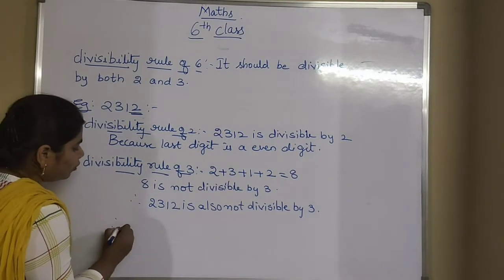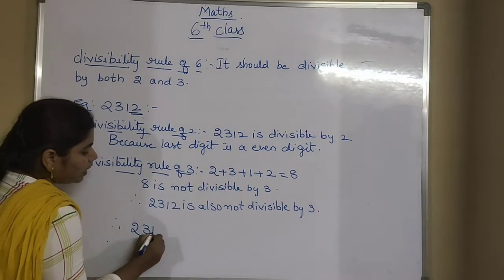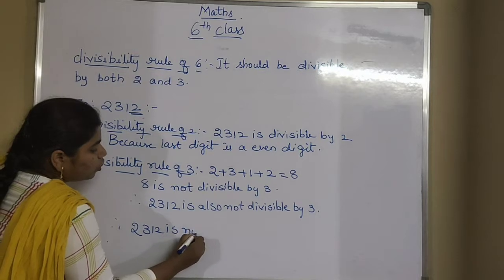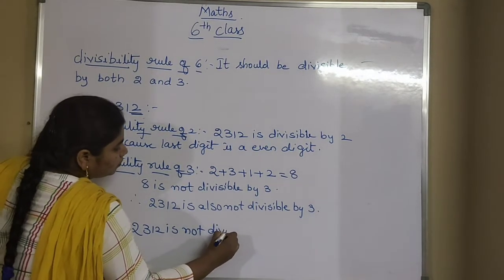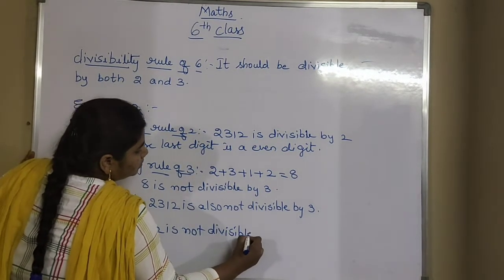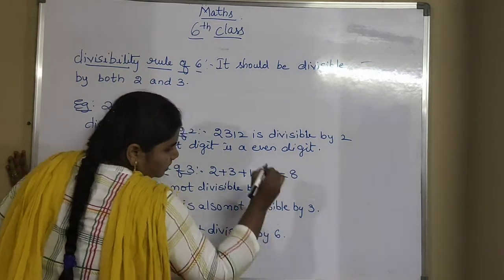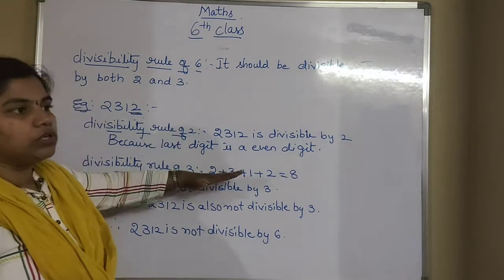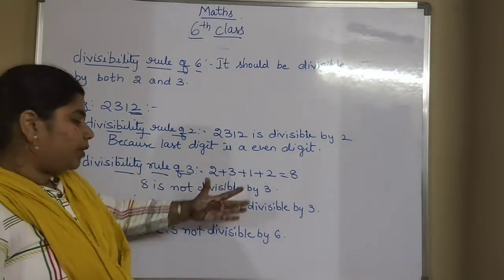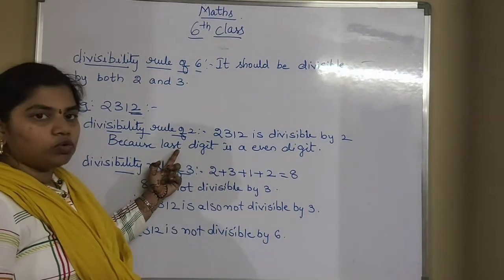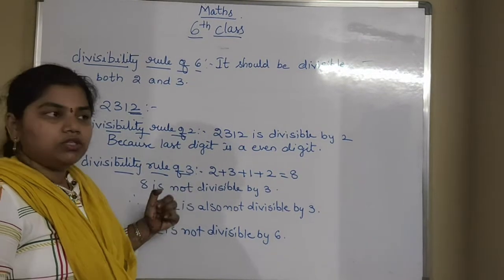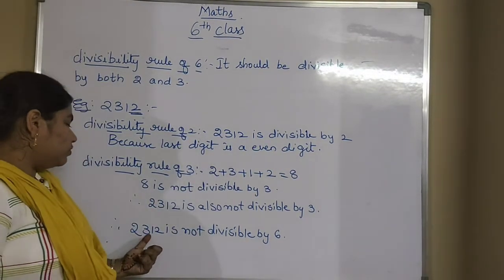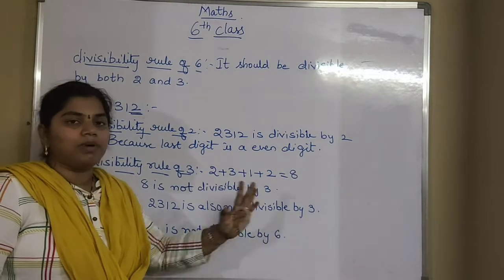So therefore we can write 2312 is not divisible by 6. So what is the condition of 6? It should be divisible by 2 and also it should be divisible by 3. But it is divisible by 2 but it is not divisible by 3. So therefore we can write 2312 is not divisible by 6.